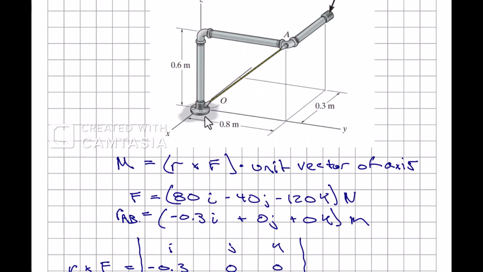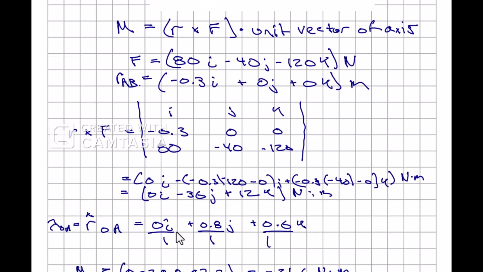All right. Now the unit vector from O to A is going to be, we have the 0.8 along my y-axis, we have nothing along my x, and we go up 0.6. Okay, so that, if we do Pythagorean theorem, gives us a total length of 1, okay? And so this unit vector, r_O with a little hat on it, O to A, is going to be 0.